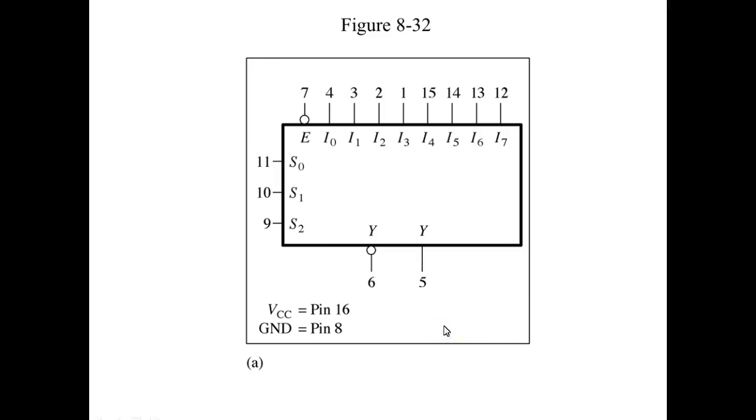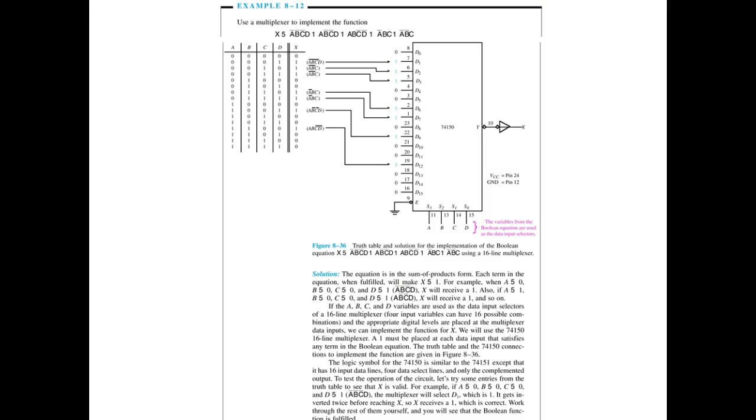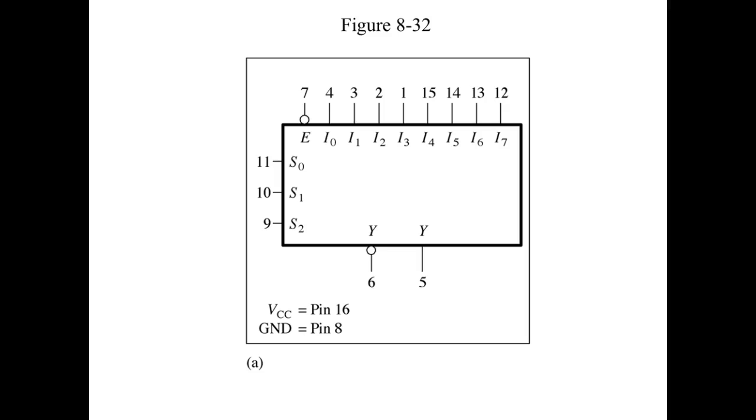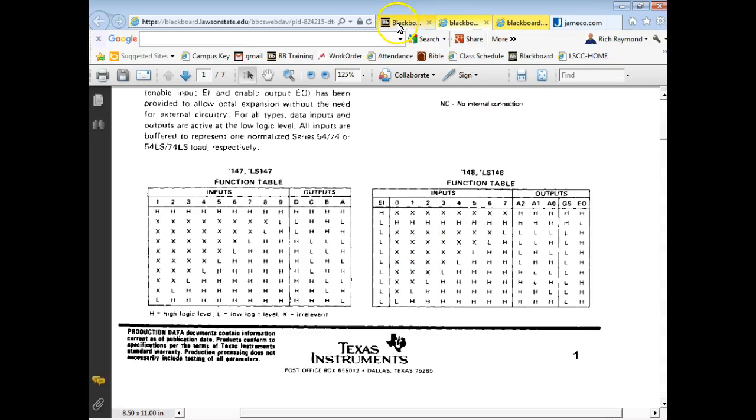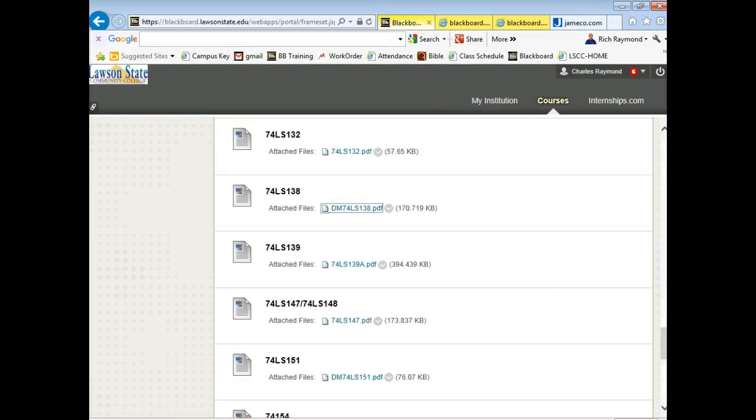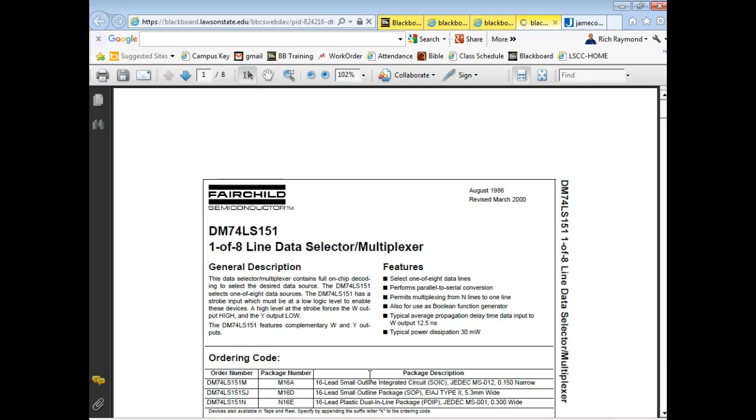Let's look at a 74151. I think. Let's make sure I'm ready. I'm pulling these chips off the top of my head, by the way. That's why you learn a lot about them. So this is a 1 to 8 line data selector multiplexer.